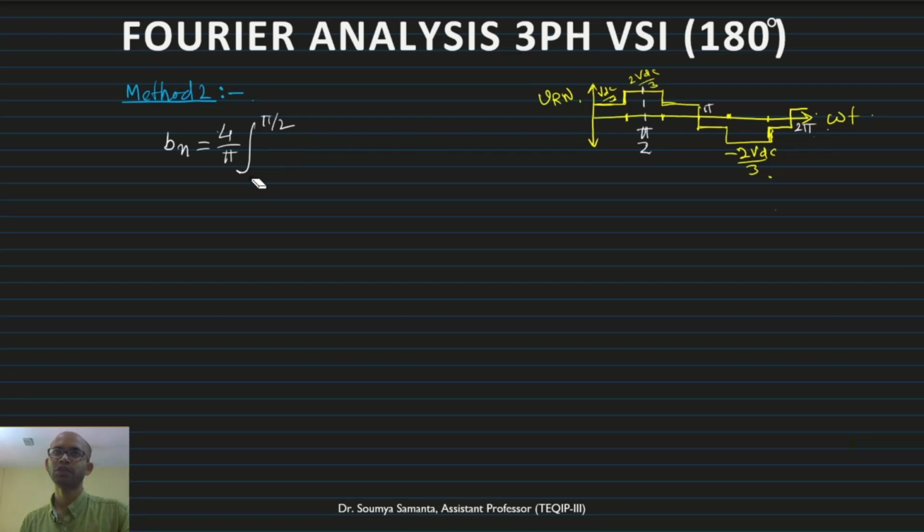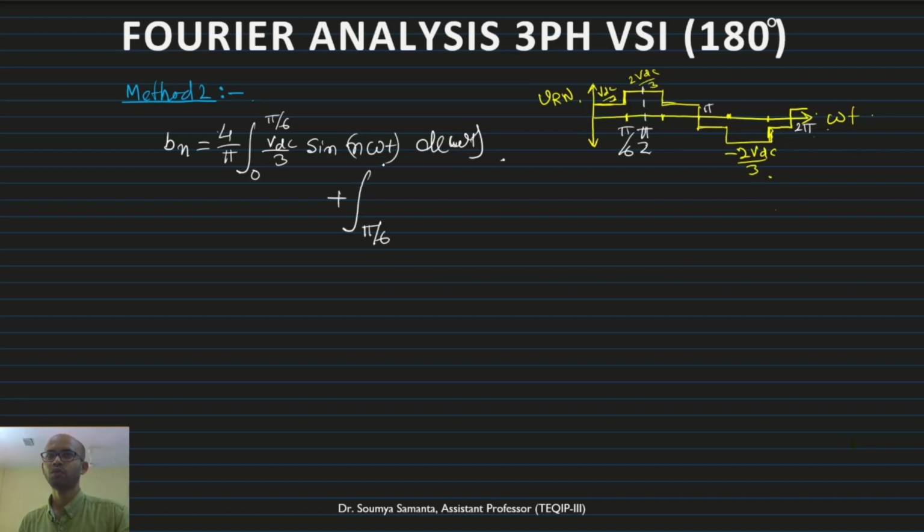But here the change will be, this is 0 to pi by 6, and that is VDC by 3 into sine n omega t d omega t, plus the integration from pi by 6 to pi by 2 of twice VDC by 3 into sine n omega t d omega t.